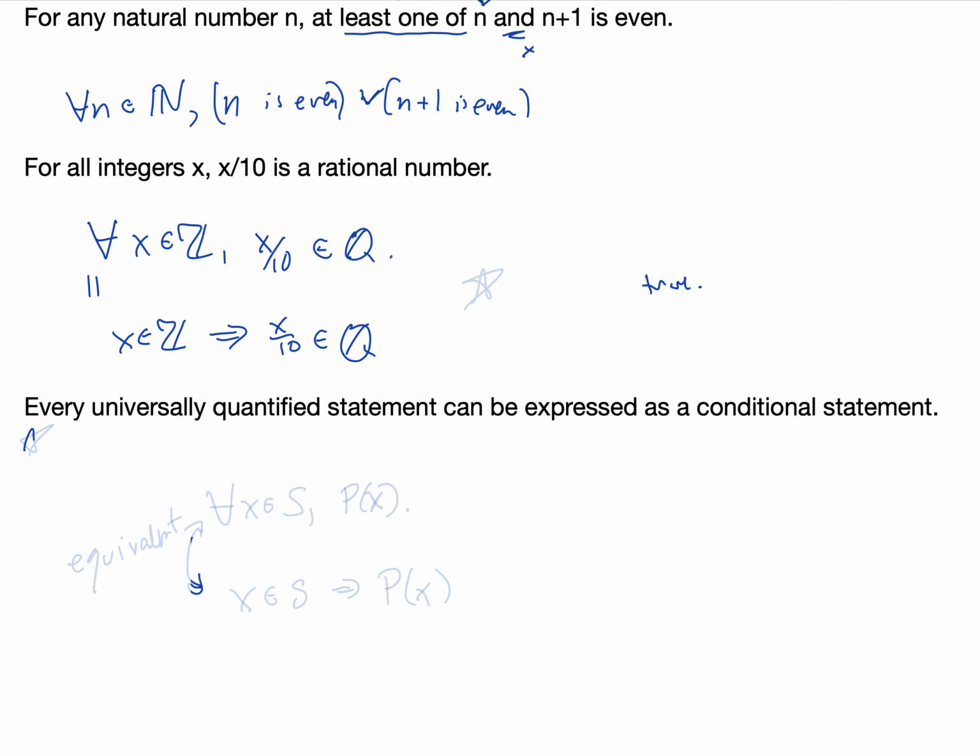So every universally quantified statement can also be expressed as a conditional statement. Anytime we have for all x in some set S, P of x is true, that's equivalent to x an element of S implies P of x. These two things are equivalent, so we could write it in either form.